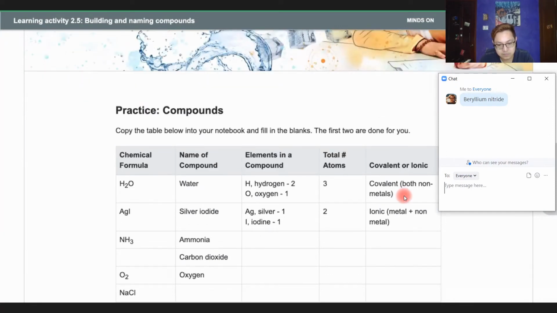Practice compound. Copy the table below into your notebook and fill in the blanks. The first two are done for you. H2O, the name of the compound.